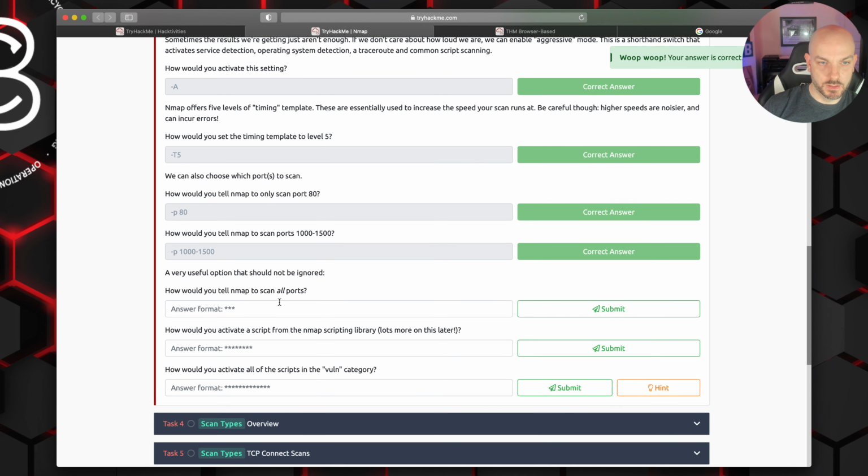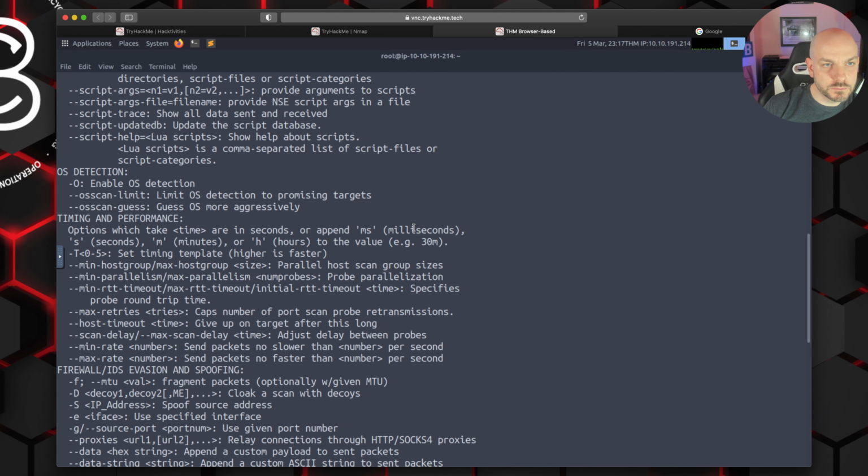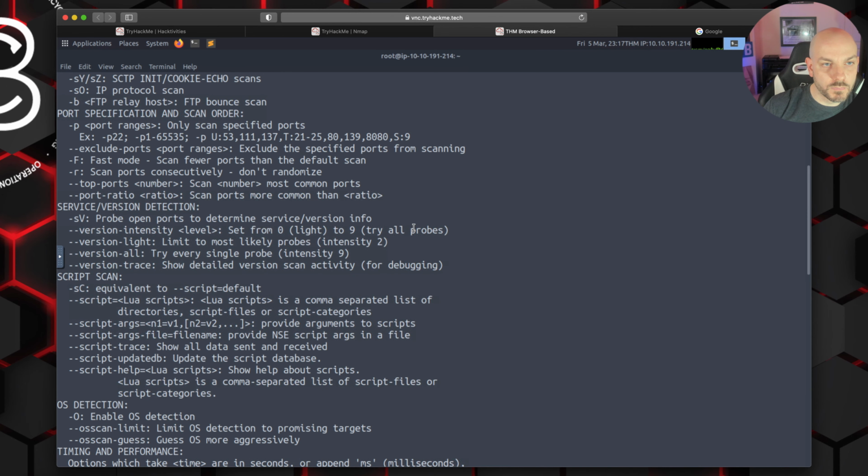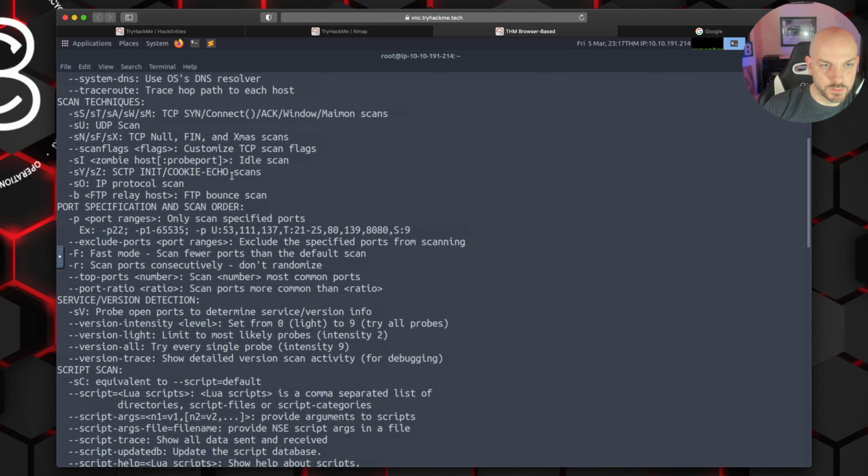Cool. A very useful option that should not be ignored. How would you tell NMAP to scan all ports? Oh, let's see. Exclude ports, fast mode. I'm sure that there is.